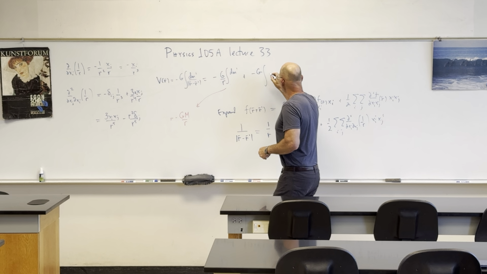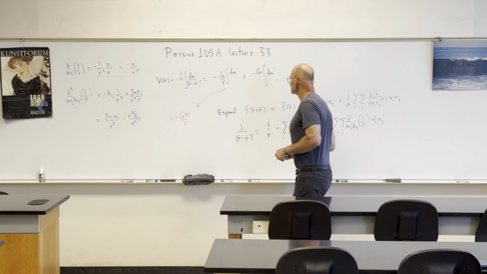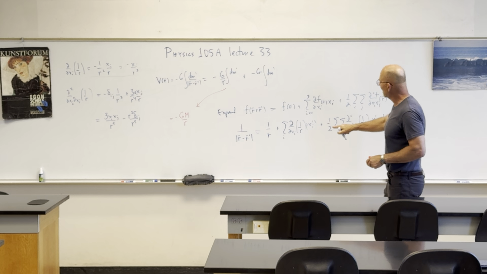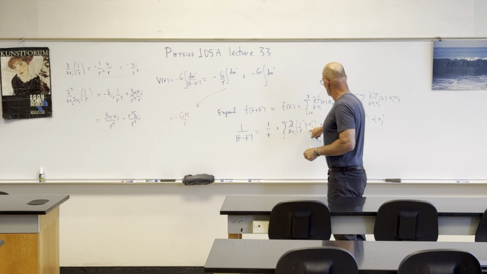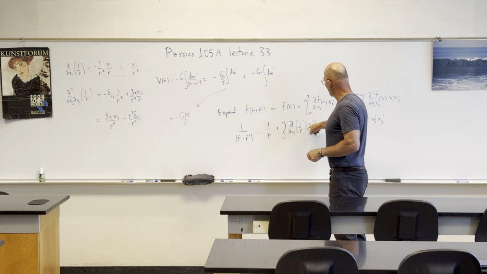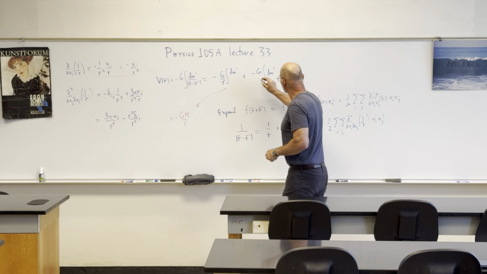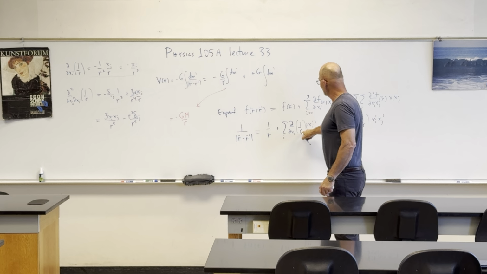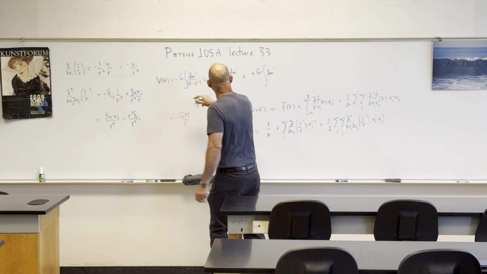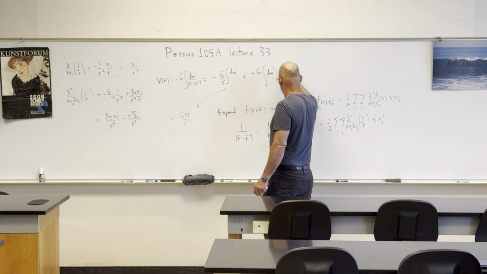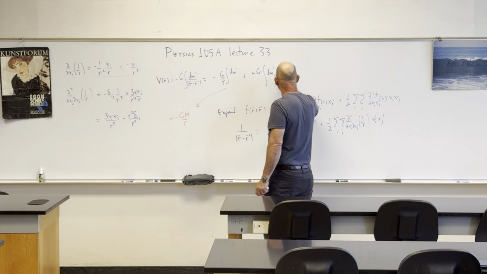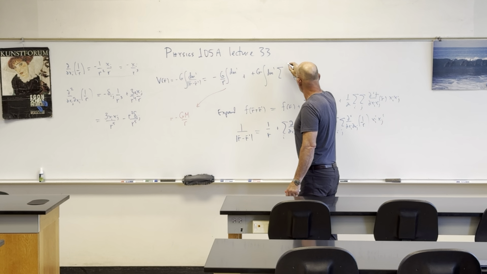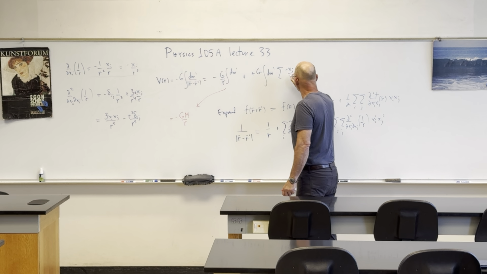Now the second one, we're going to have minus G integral dm prime. And now we have to plug this in here. You can see the minus signs are going to cancel, so I'll cancel those right now. And then we'll have d dxi of 1 over r. We'll have the sum over i equals 1 to 3 of minus xi over r cubed.